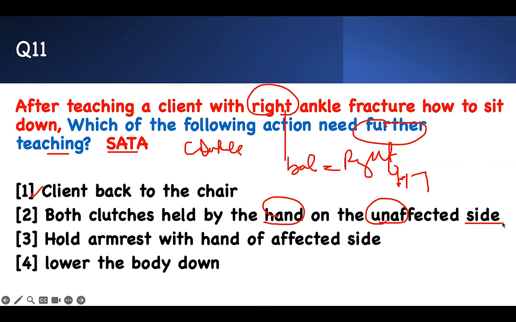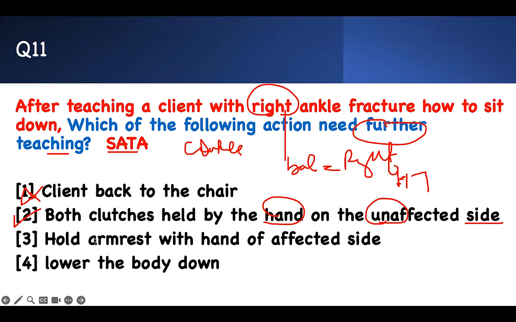I've explained it to you. If you are using crutches, when you come in to sit down, give both crutches to the affected side. The affected side is the right side, but the client is holding the crutches on the unaffected side. That is number 4. Therefore, this is a problem.